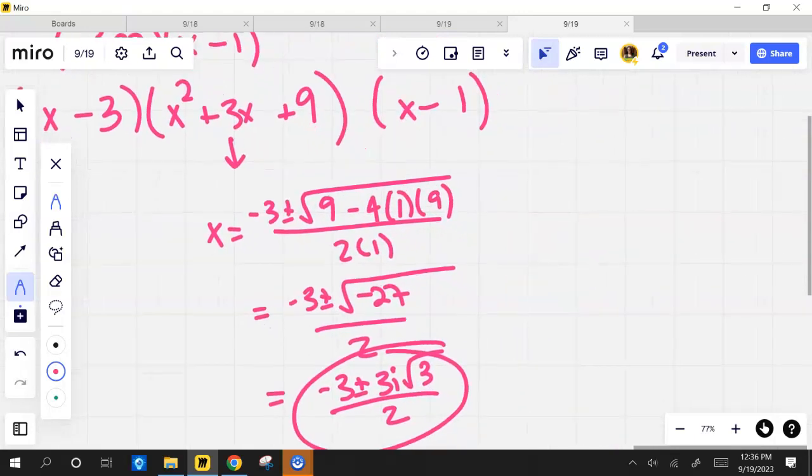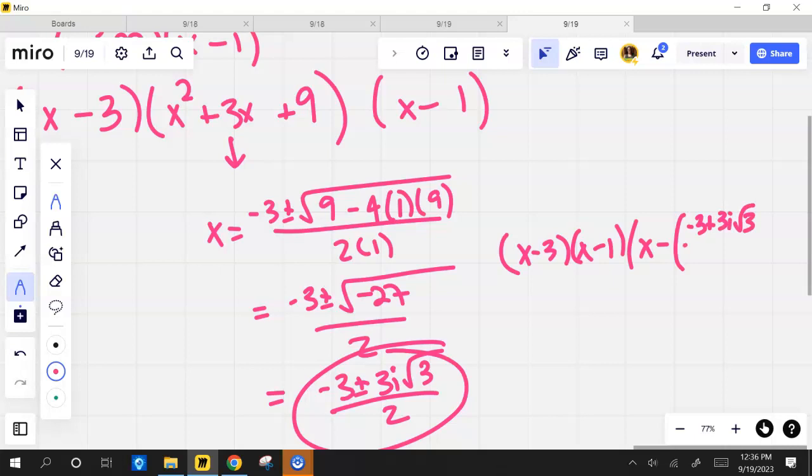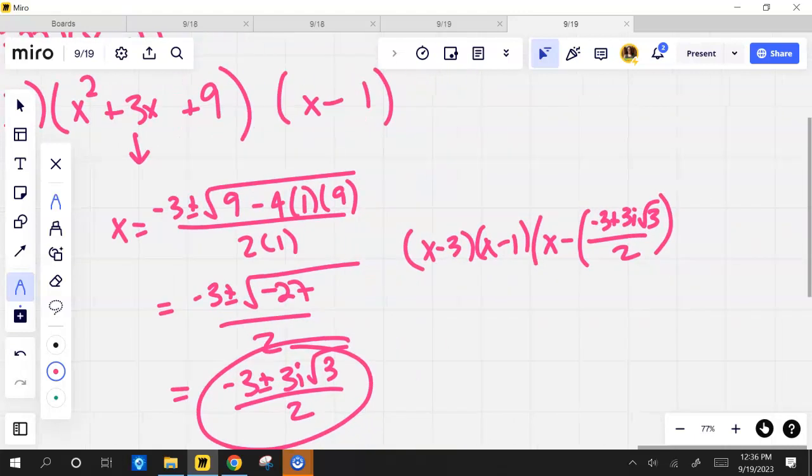So now I'm actually going to be x minus 3. Order doesn't matter here, x minus 1. Then I got what? No, it's not wrong. Just make sure you pull the i out. There's one of them.